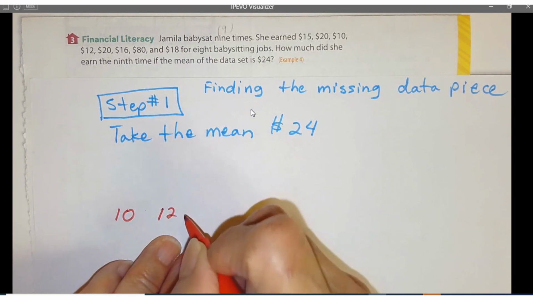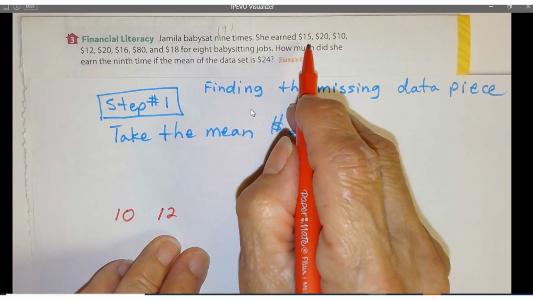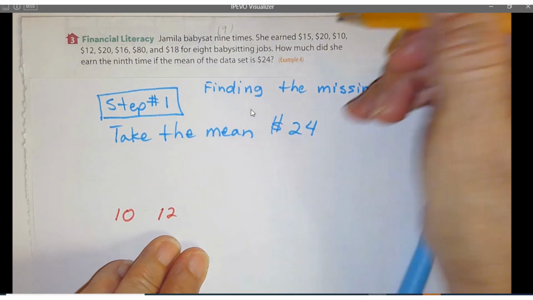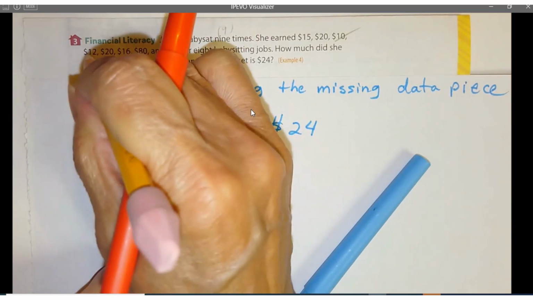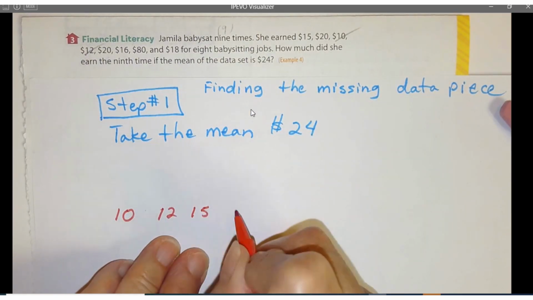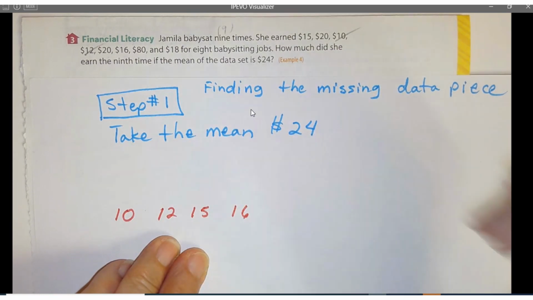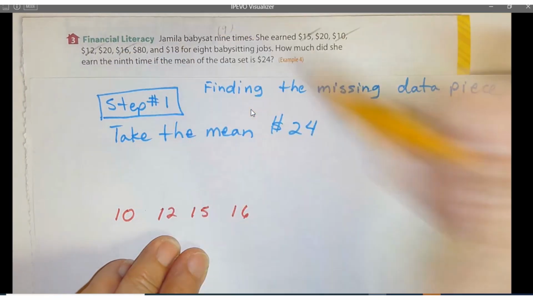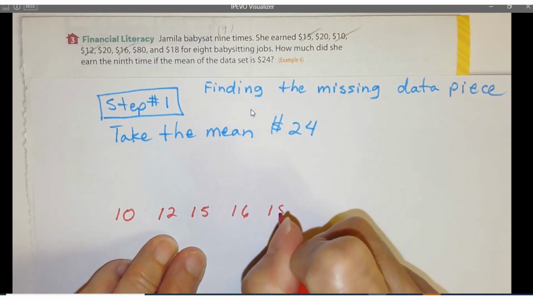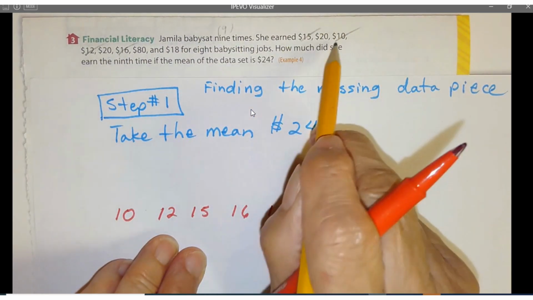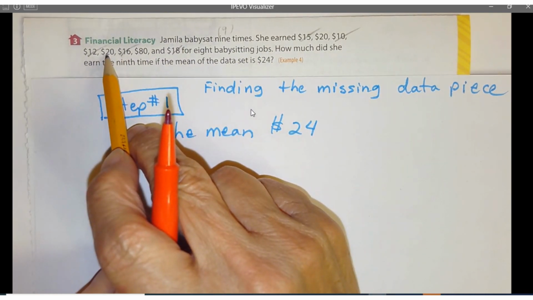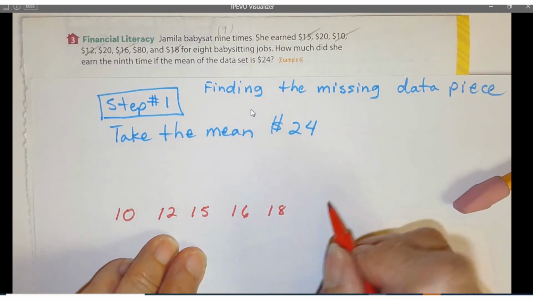Okay, we have, let's cross these off as we go along. $10, $12, and it's 15, 16, we have an 18, and we have 2 20s.